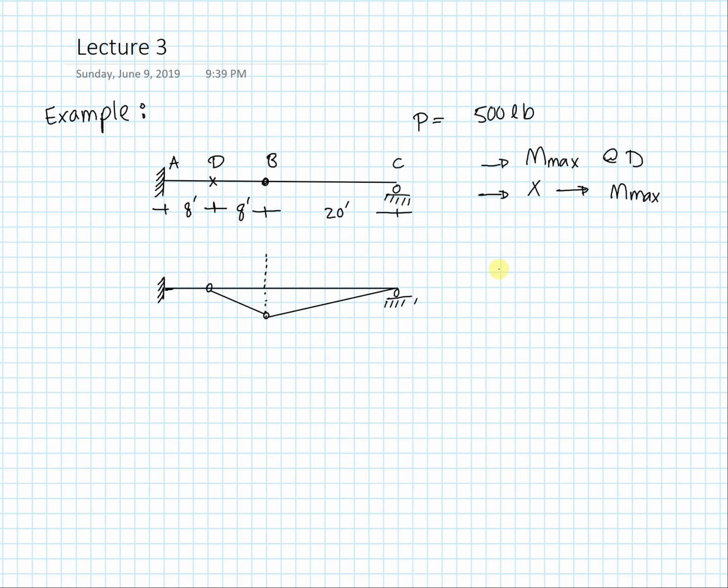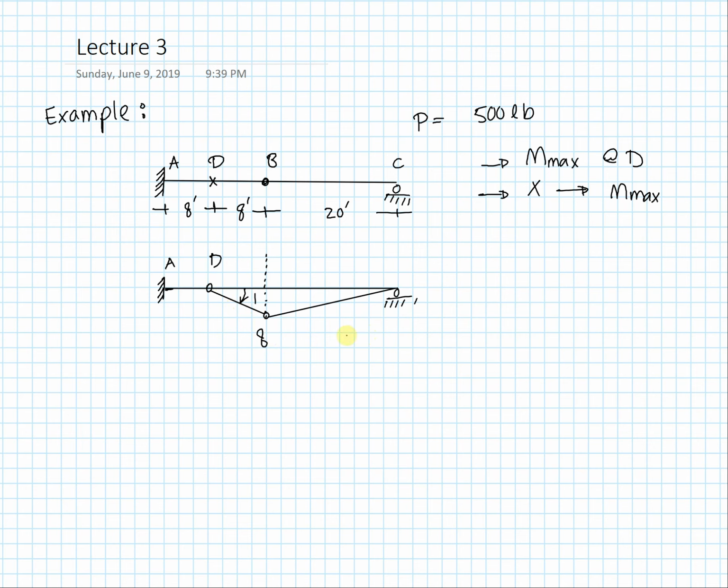So we have a rotation. The Muller Breslau law told us to rotate by a unit of 1. So the left span of the beam, AD, hasn't moved, so that rotation is 0. The right side has to move by 1. And if the right side is moving by 1, this length down here will be 8 times 1, so that's 8.